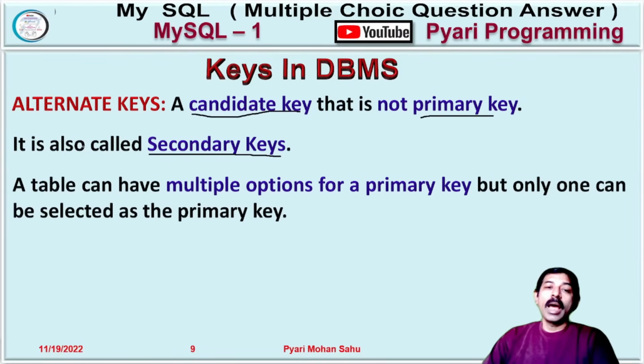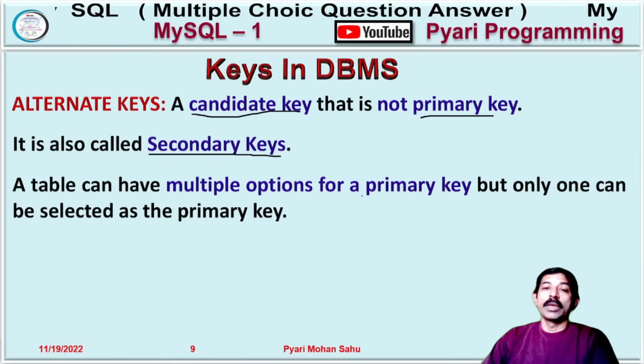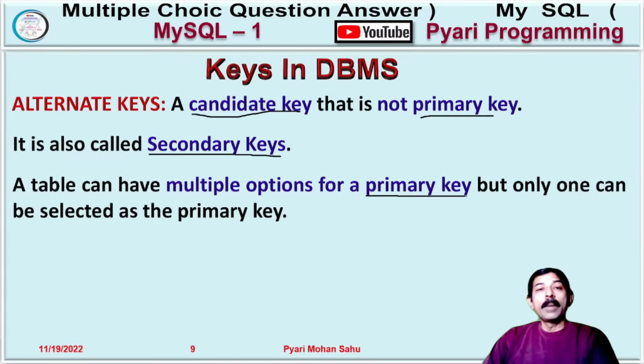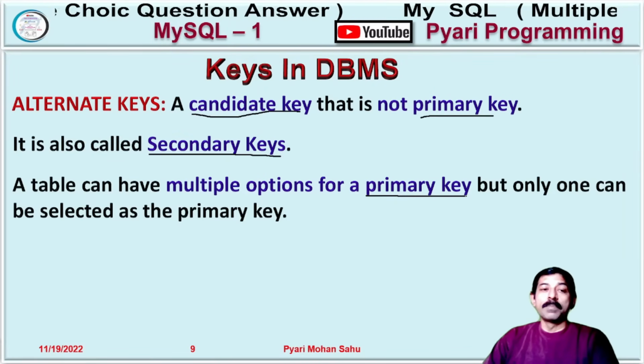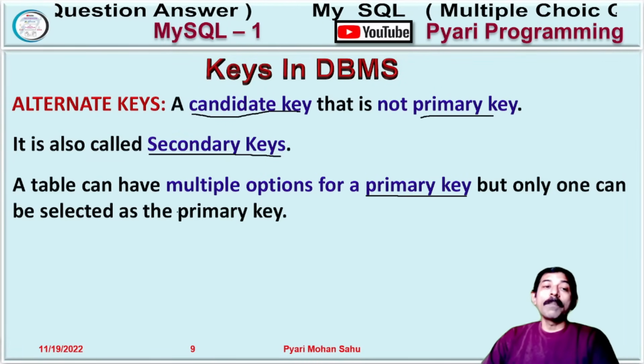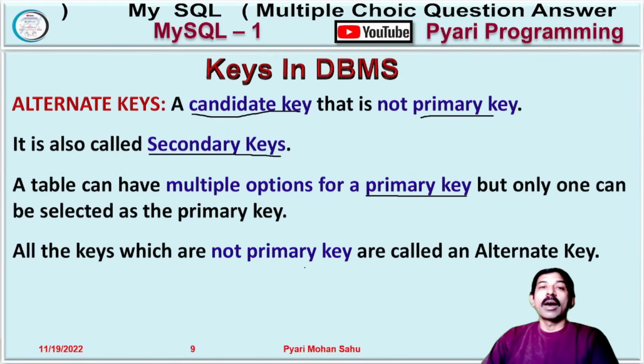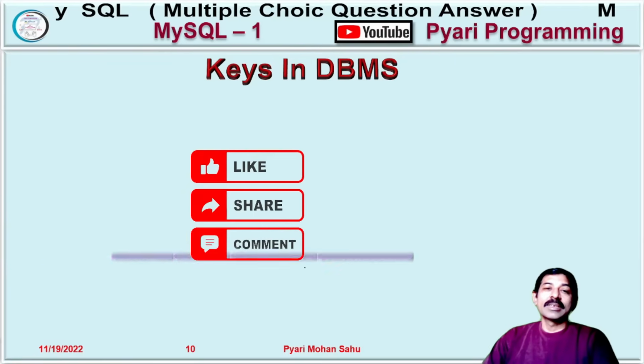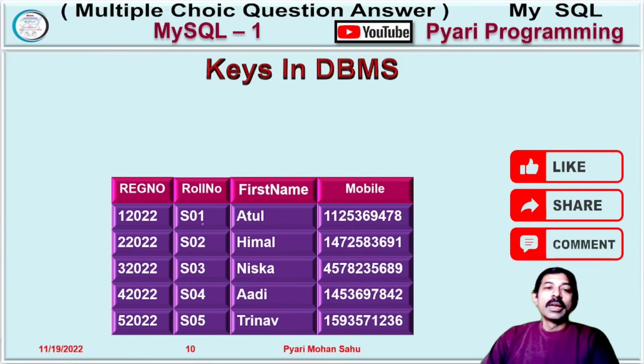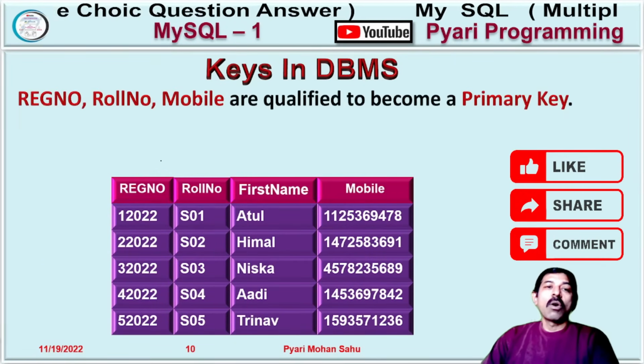A table can have multiple options for primary key. As already I told you, a table can have multiple candidate keys but can have only one primary key. All the keys which are not primary key are called your alternate keys. So let's see in this table which one is called your alternate key.